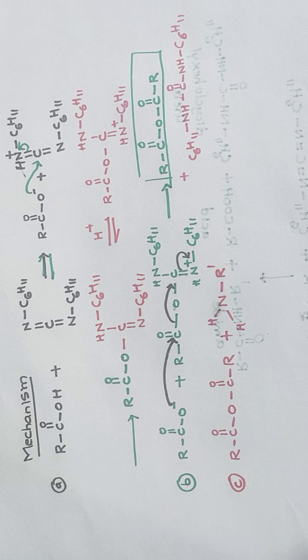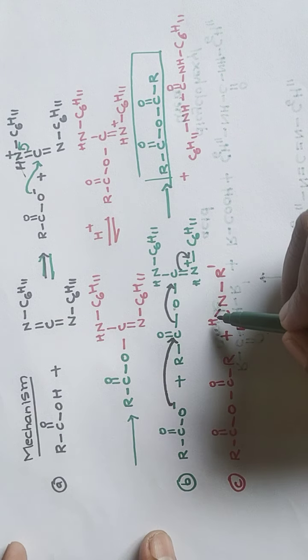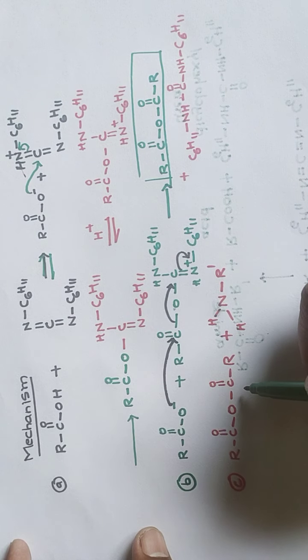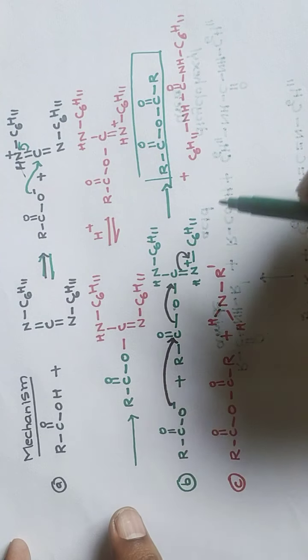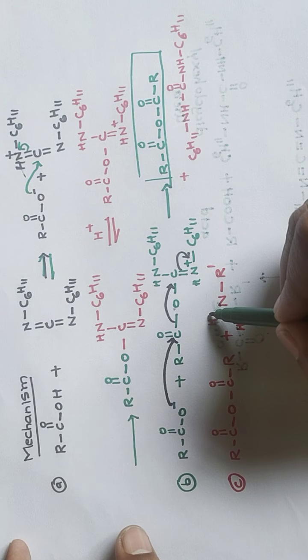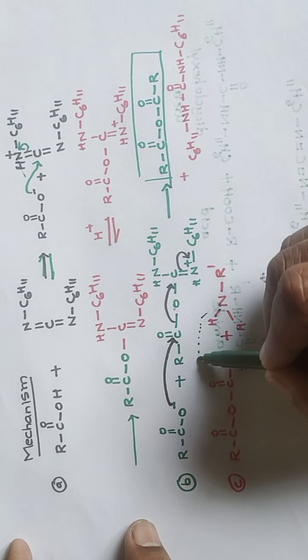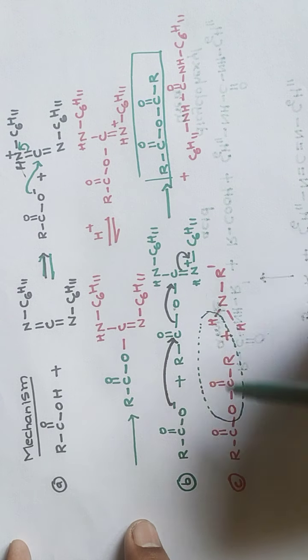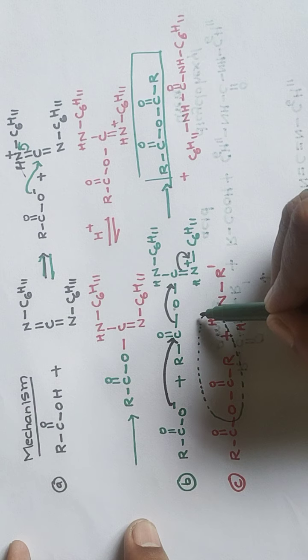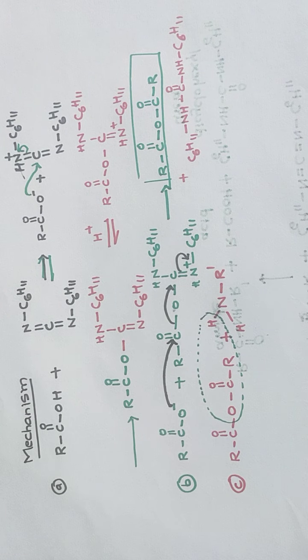So what happens is this nitrogen attacks the carbon here, and then the bond breaks. So directly I'm going to write the product. So this H and this RC=O O, they'll go as an acid.